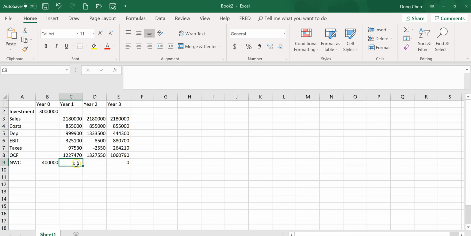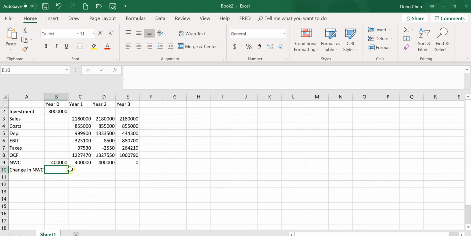And if it doesn't mention, the initial investment in net working capital will be the same, so it doesn't change for intermediate years. Because we care about the change in net working capital rather than the level, in terms of the cash flows. So now we can calculate the change.